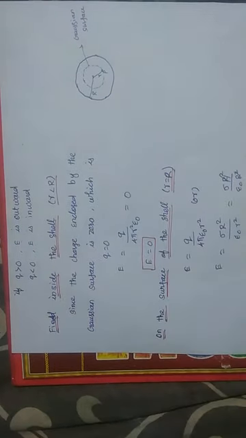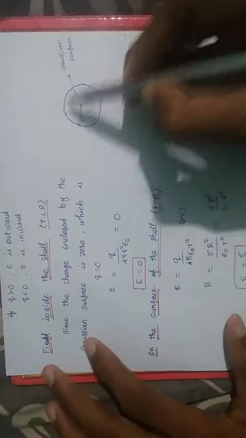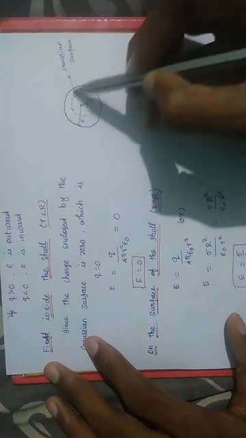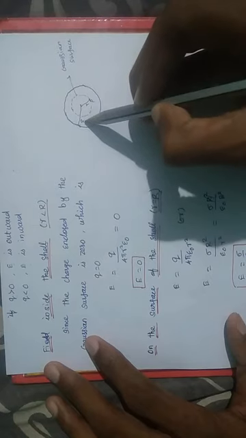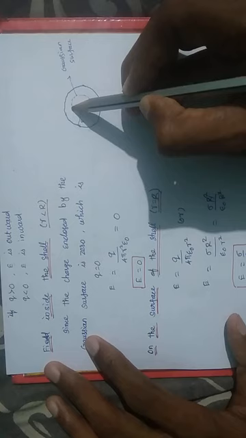Previously we found the field outside the shell. Now we have to find the field inside the shell, with radius capital R. So inside I am going to find the field value.